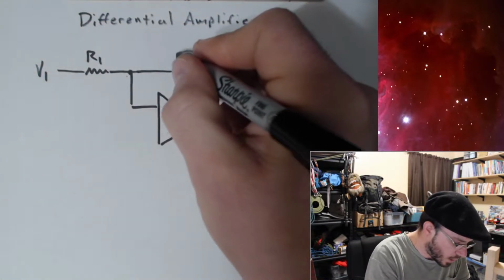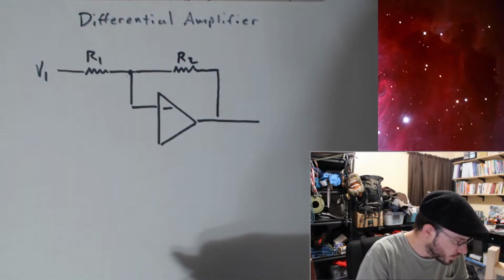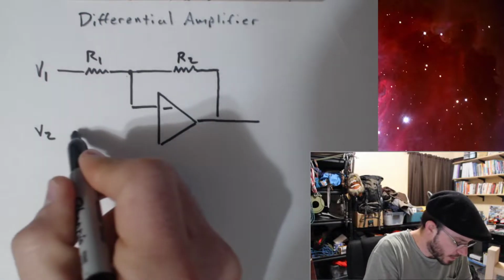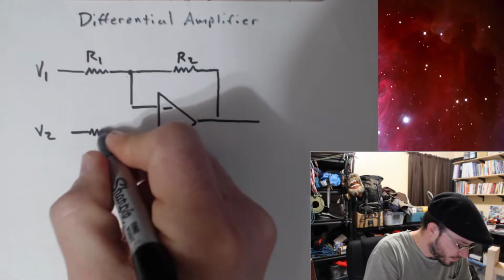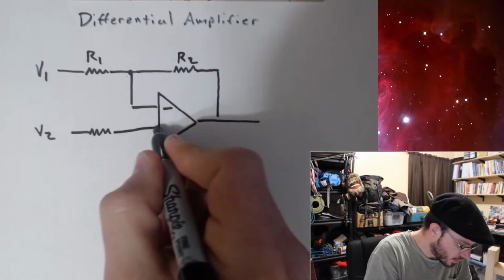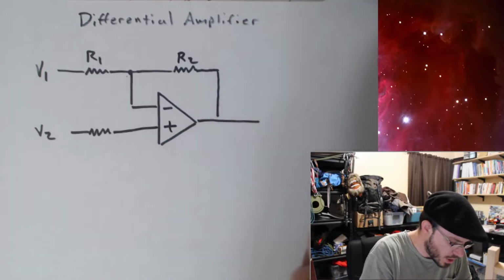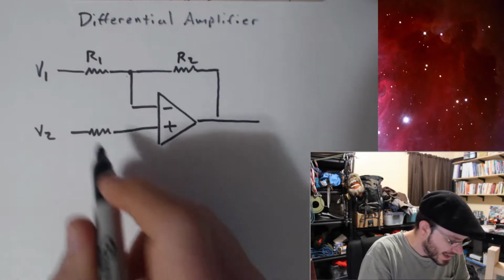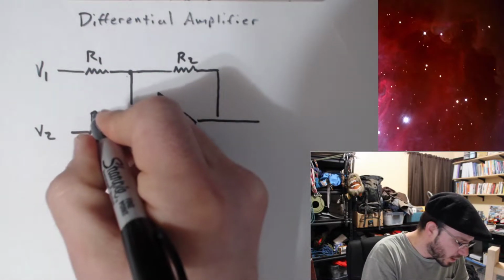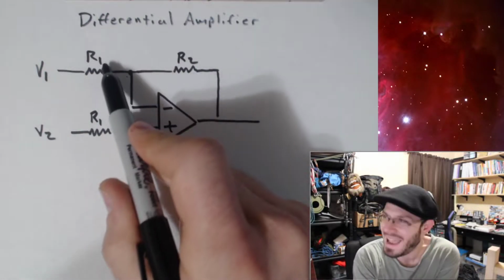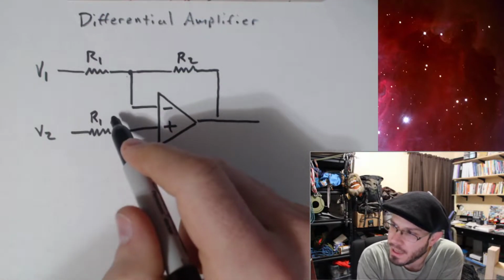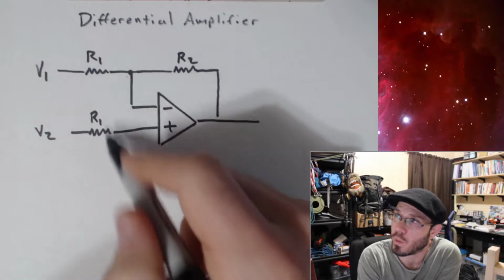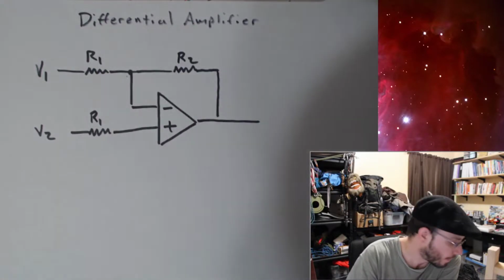And we have an R1 and we'll have an R2. And then we have a second voltage that's coming in. This is going to go into our non-inverting input. And this value will also be R1. So if we pick 1K to be R1, similarly we'll pick our 1K to be over here for R1 as well. So these values are going to be the same.